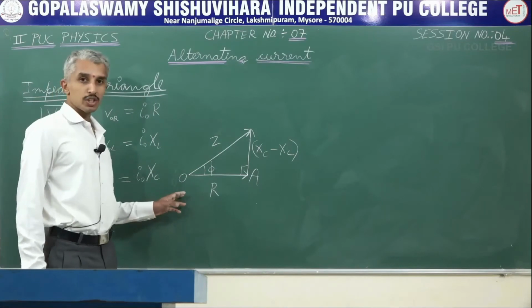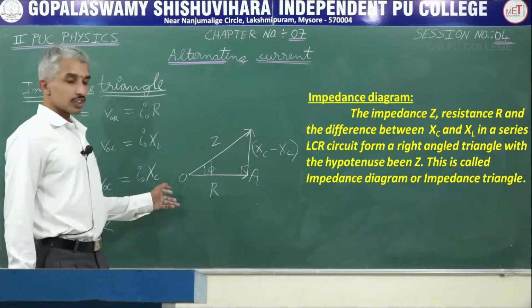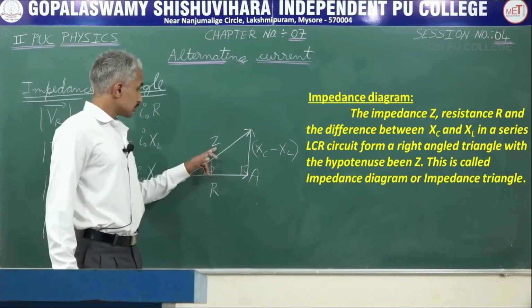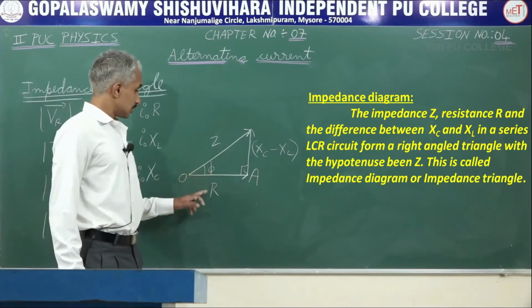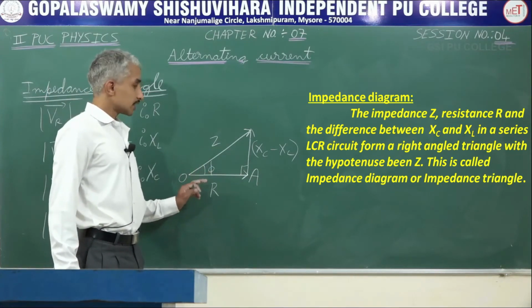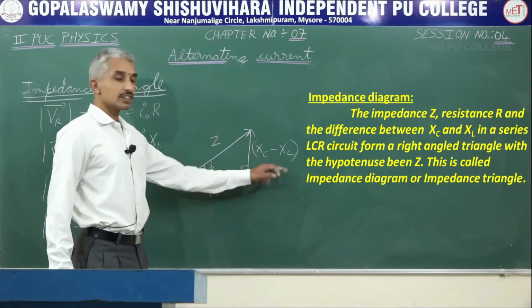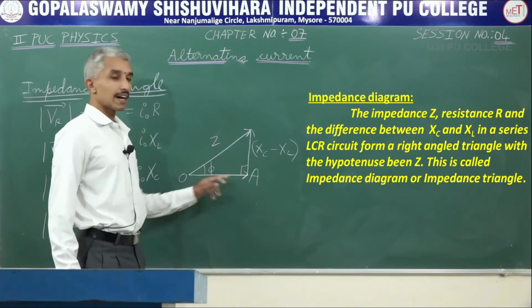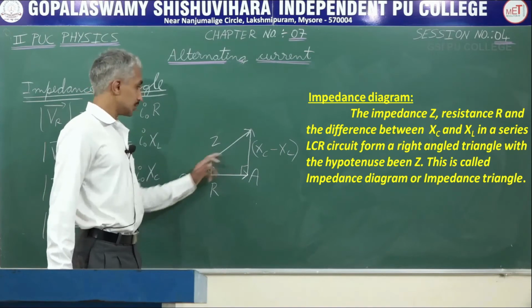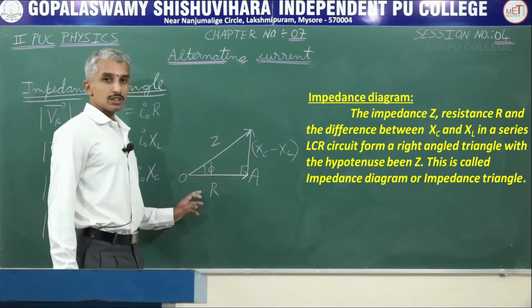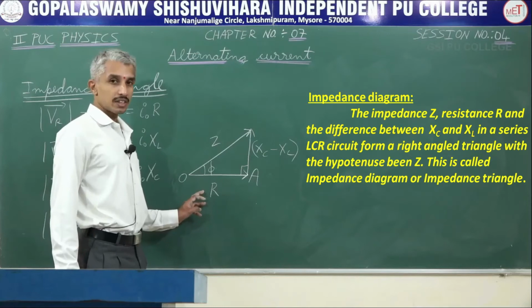Finally, now I define what is an impedance triangle. For a series LCR circuit, the impedance Z, the resistance R and the difference between the capacitive reactance and the inductive reactance form a right angle triangle with Z being the hypotenuse. This triangle is what is called an impedance triangle.